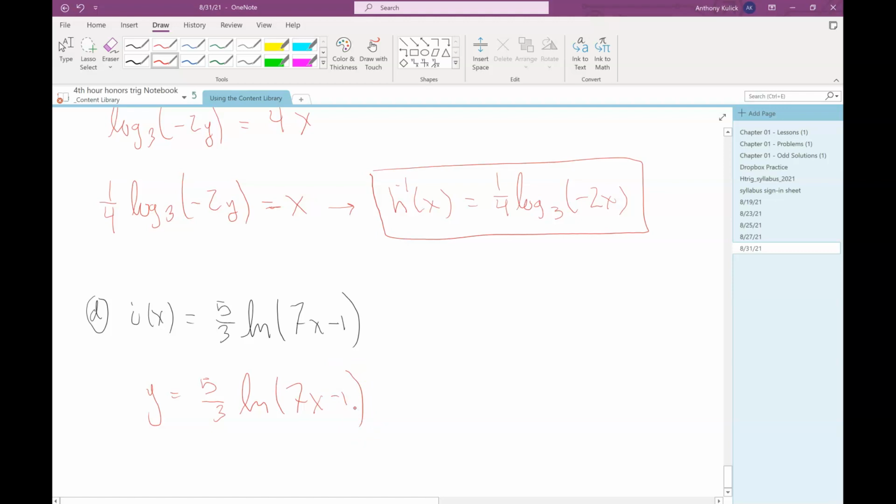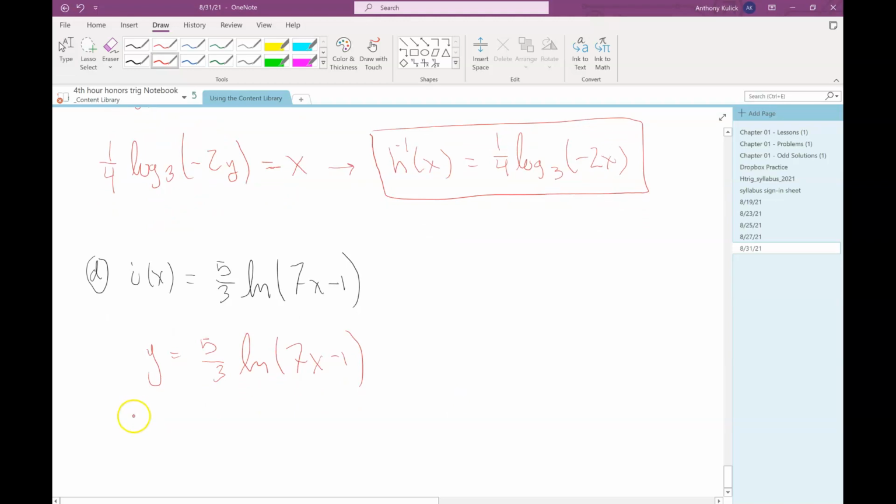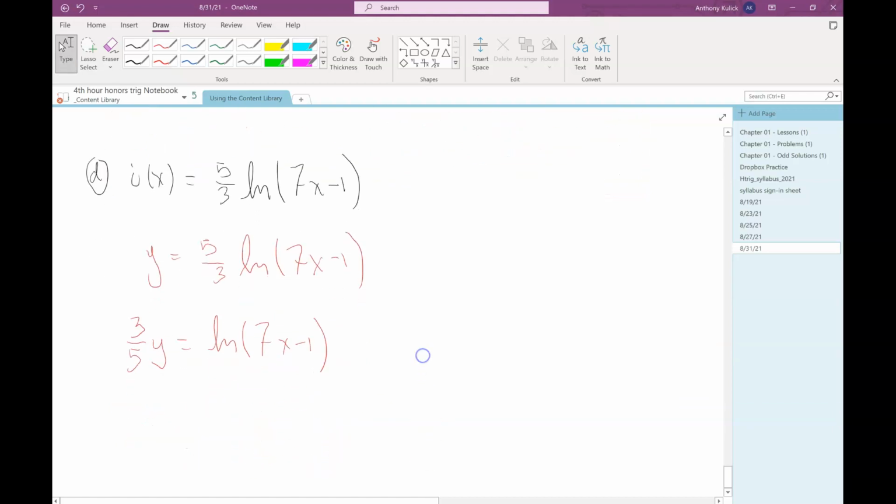So remember that ln is the natural logarithm. It is a type of logarithm. First step I'm going to do is multiply both sides by 3/5. And then I got to cancel out that natural log. What do I use to cancel out a natural log?